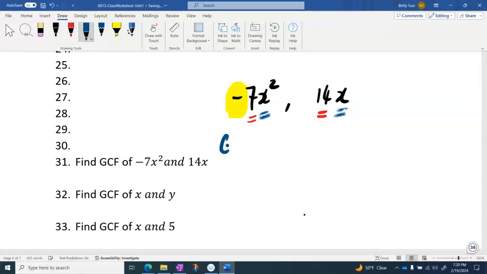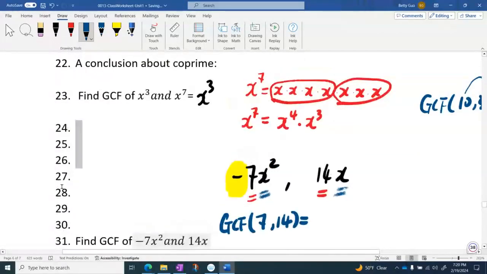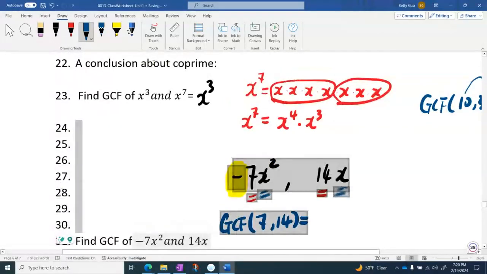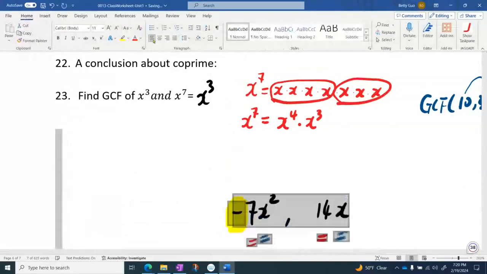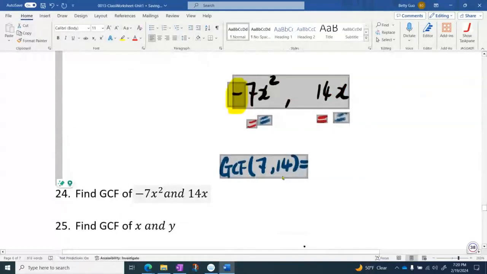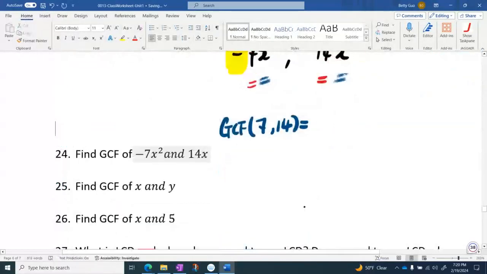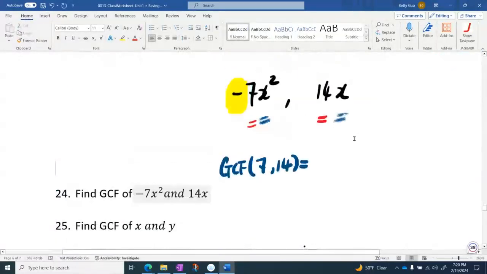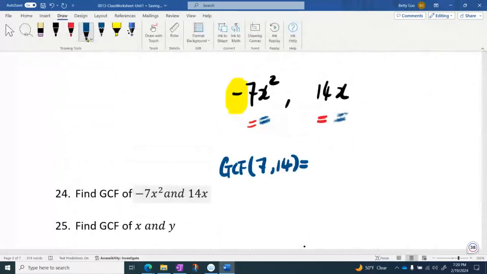Firstly, can anybody tell me the GCF of their coefficients? What's the GCF of 7 and 14? It would be 7. Exactly, 7. First special case, right? 7 is a factor of 14. 14 is twice 7.